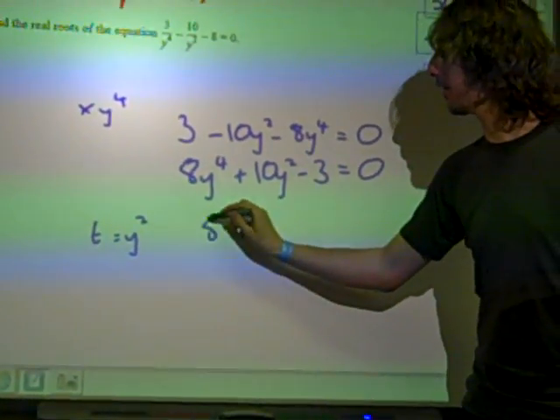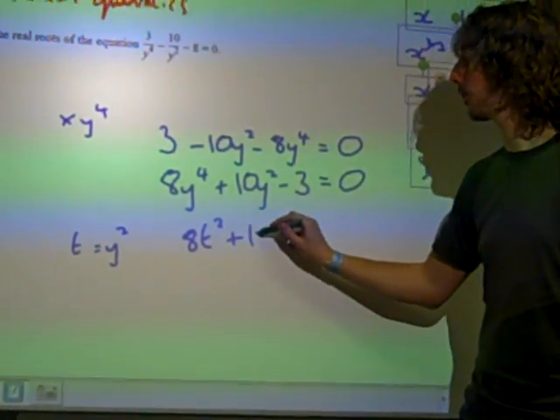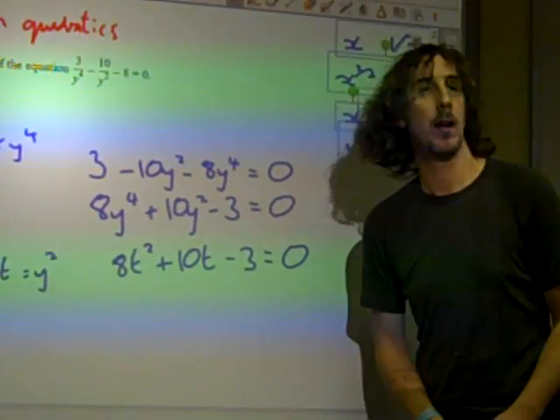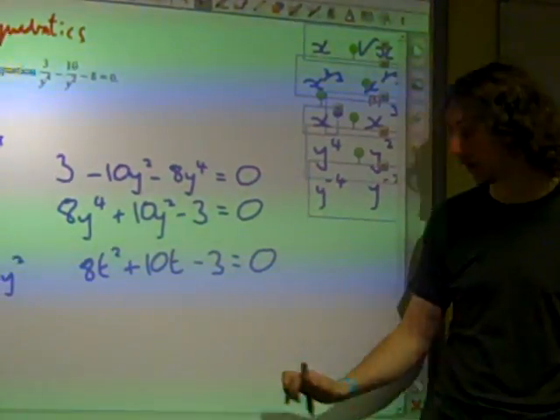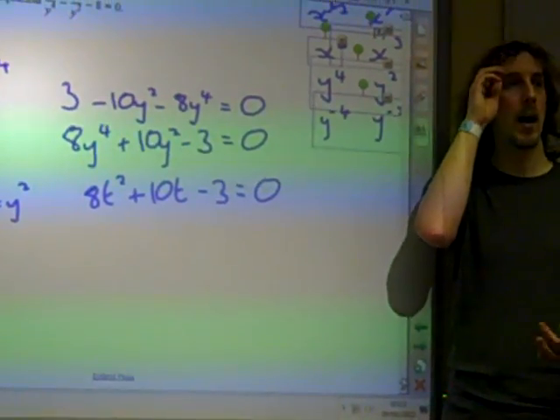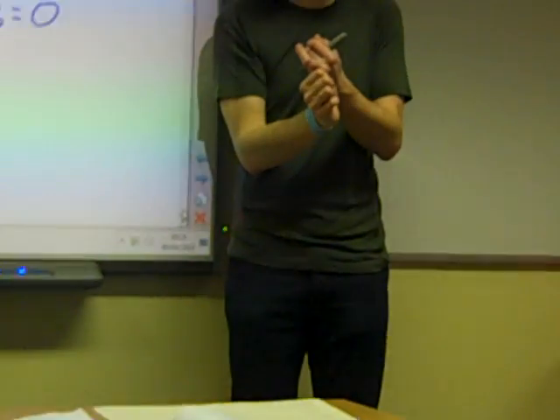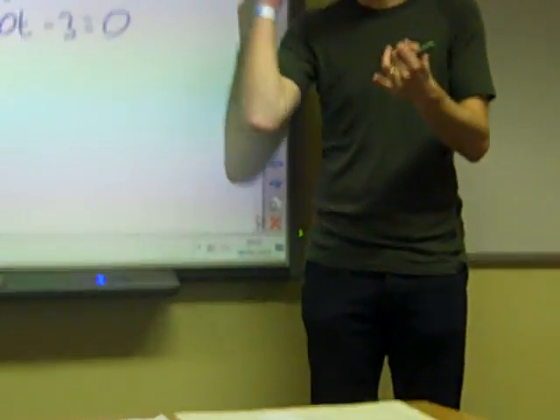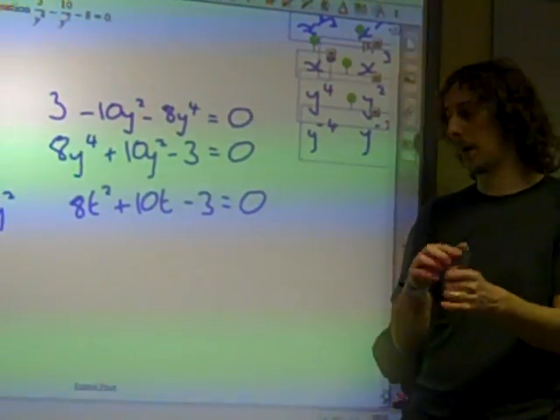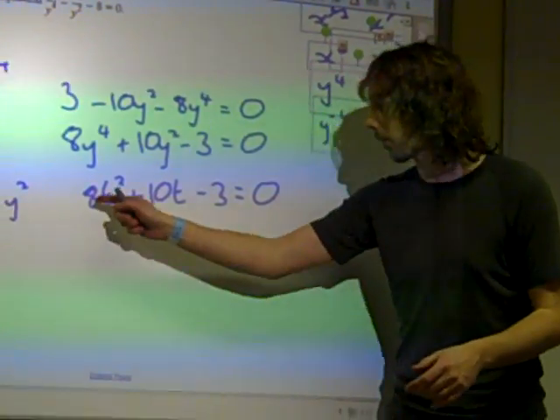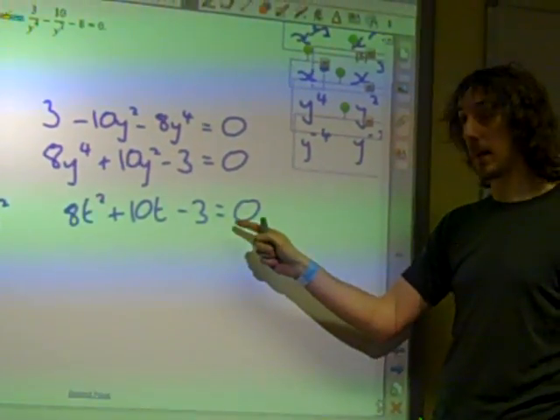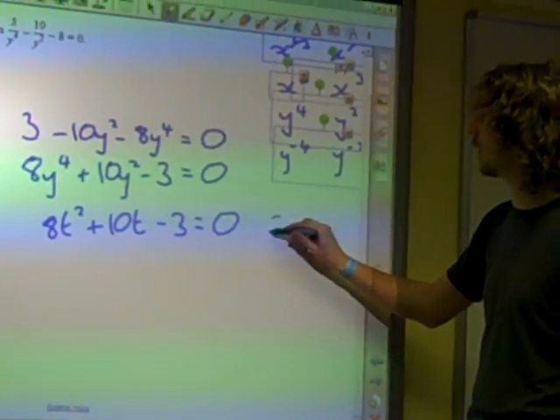So it says 8t squared plus 10t minus 3 is 0. I've now just got a quadratic equation that's a fairly standard thing. Again, we've talked about a method for solving these. You could, if you want to, head straight for the quadratic formula, but I'm going to try and factorise this by doing that thing where we multiply the first and last terms to give minus 24t squared.